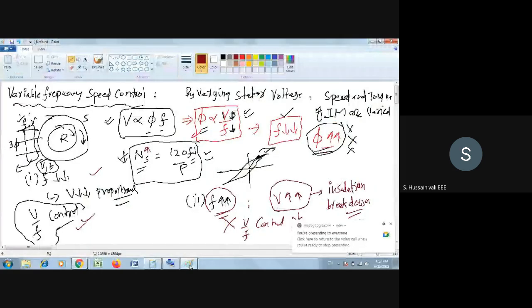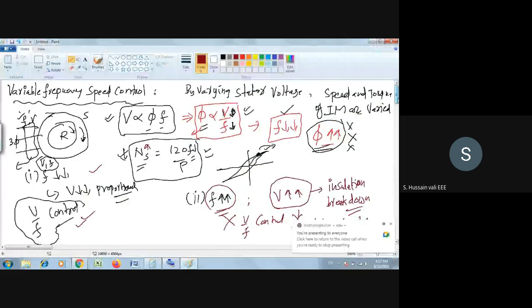See here, I will just repeat this frequency control: the frequency and speed have a relationship from this equation. So what does that mean? Either you can increase the frequency or you can decrease the frequency. First case, you decrease the frequency. As per another equation which is affecting here, when you decrease the frequency and maintain the voltage constant, obviously the flux will increase.